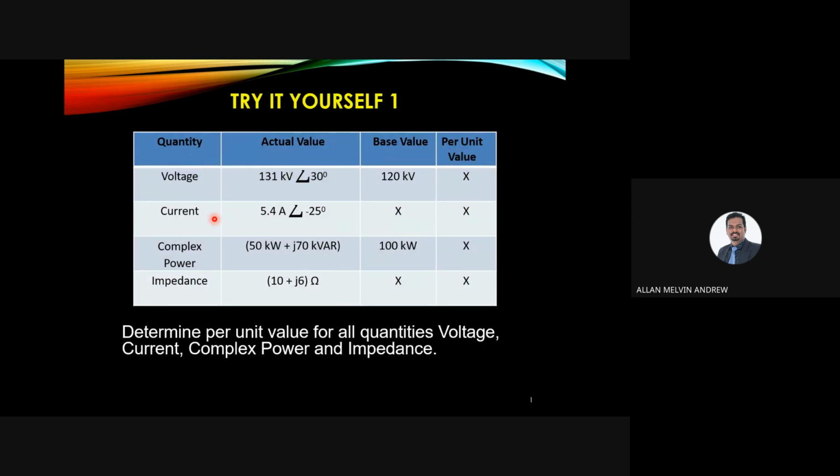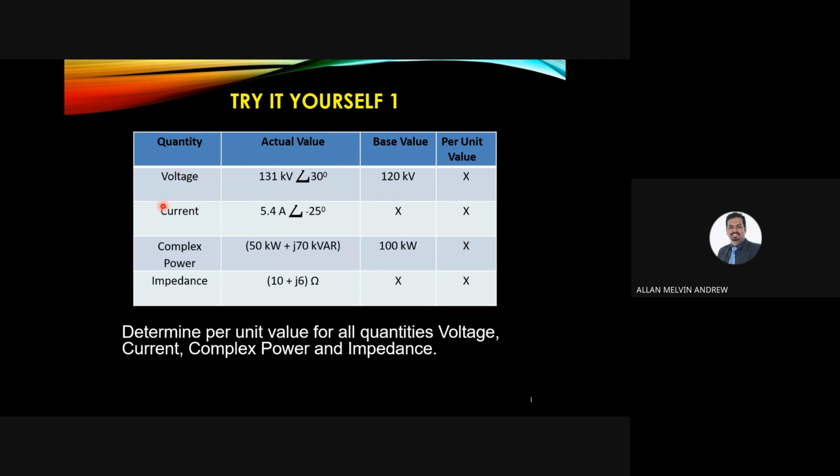Okay, so as an example, if you have paper with you, try to find it, or you can use a calculator directly. It's not a sophisticated one. Okay, this question: determine per unit value for all quantities: voltage, current, complex power, and also impedance.